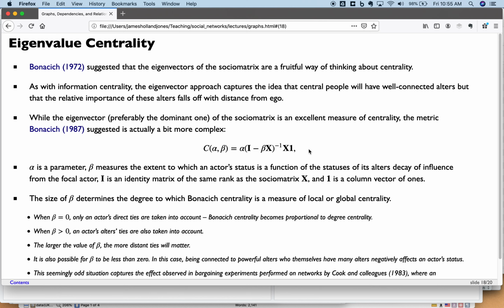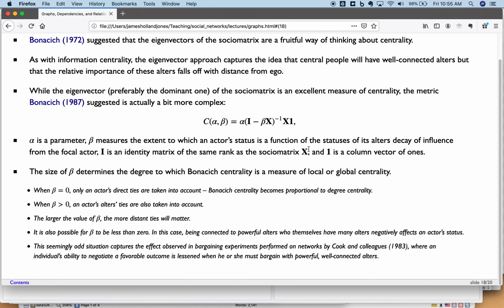When beta is equal to 0, only an actor's direct ties are taken into account. And so we can see that Bonacich centrality becomes proportional to degree centrality. When beta is greater than 0, an actor's alters' ties are also taken into account. The larger the value of beta, the more that distant ties will matter for ego's centrality.